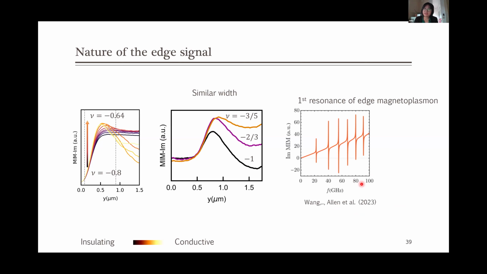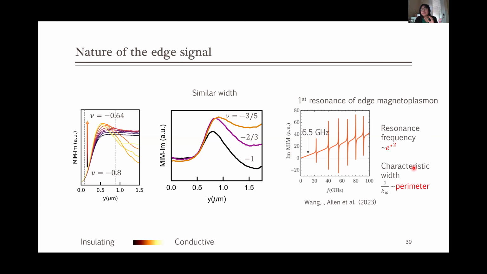And the plasma resonance, the first resonance would be going one round. The second resonance would be going two rounds, and then similar things like that. And so that explains some of the things of the edge signal. For example, the width of the edge is wider than what we expected by conductivity.